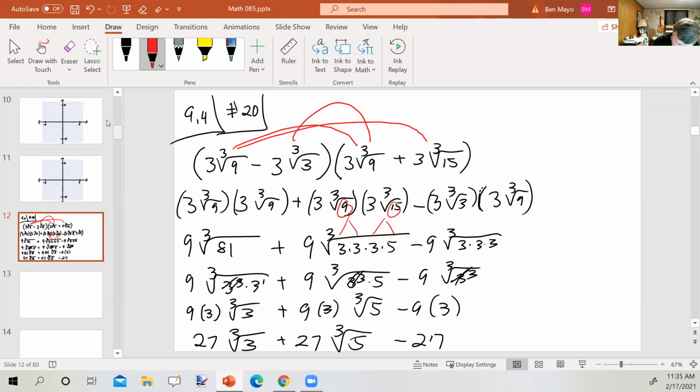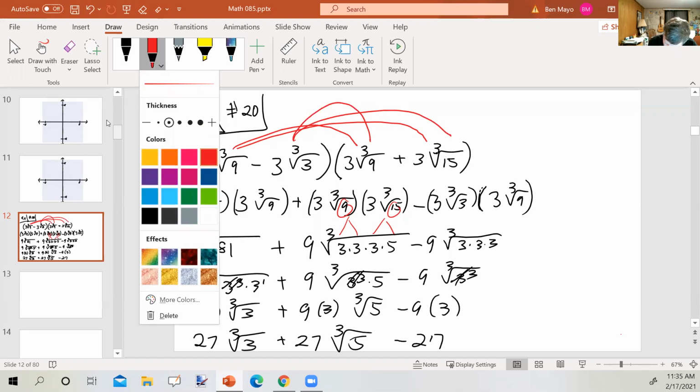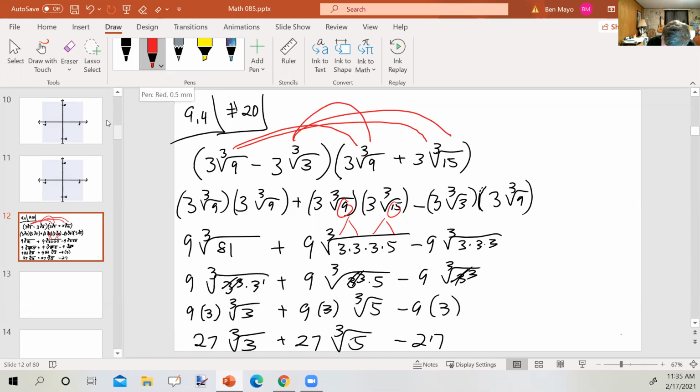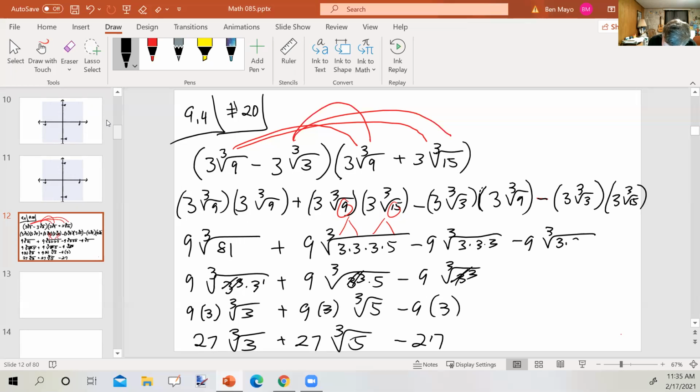And finally, the last times the last, which is going to be minus 3 cube roots of 3 times 3 cube roots of 15, which would be minus 9 cube roots of 3 times 3 times 5.